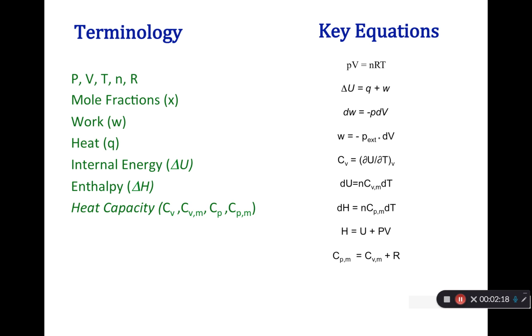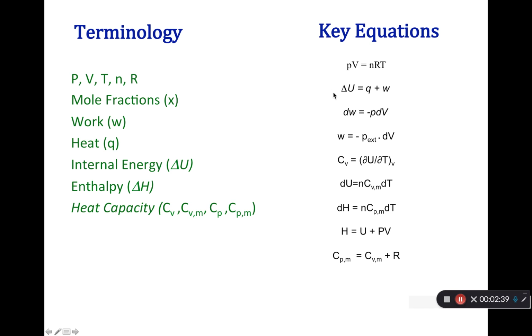A quick recap. In the first 5 parts of lecture 1, we looked at the ideal gas law, pressure times volume equals number of moles multiplied by the gas constant multiplied by the temperature for an ideal gas.